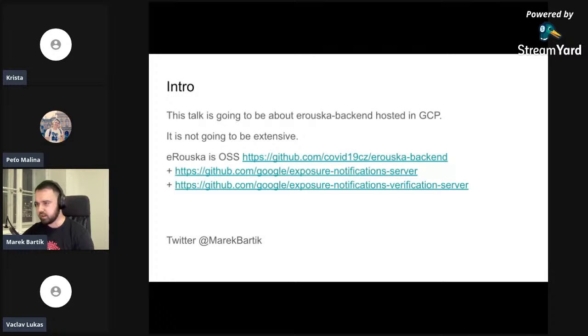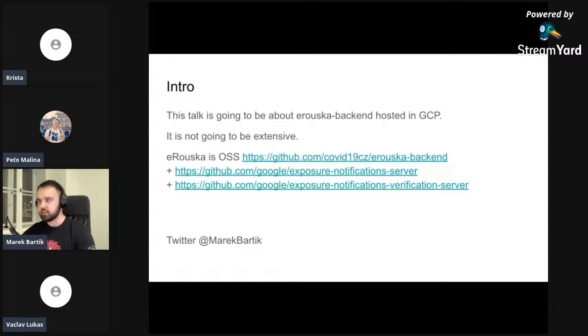So the whole API consists not only of the API on the mobile applications and the support in iOS and Android operating systems, but also of the notification server, which we also call the key server, and another server, the verification server.